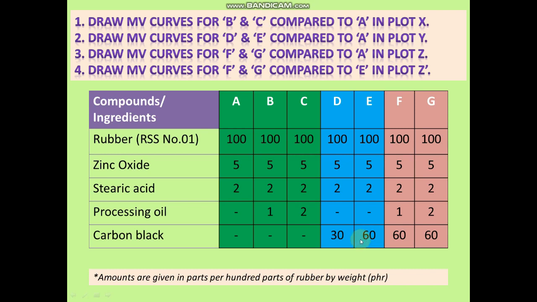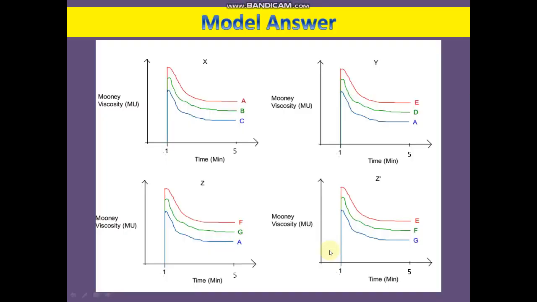So based on that fact, here compound A doesn't contain carbon black, so it should show the lowest viscosity, and D contains 30, so it should show somewhat higher viscosity compared to A, and the highest Mooney viscosity value should be shown by compound E. We'll see the answer.